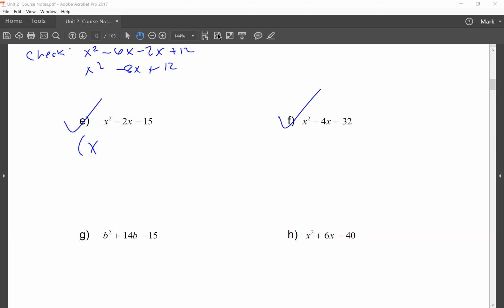Okay, sorry about that. So x minus 5 and x plus 3. So 3 times negative 5 is negative 15. Negative 5 plus 3 is minus 2. How do you guys feel about this? Does this make sense? Is this confusing? What do you think?